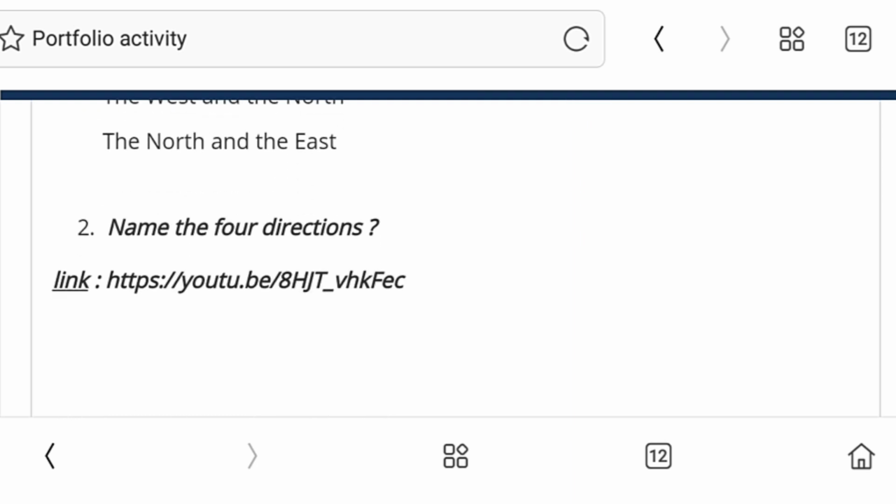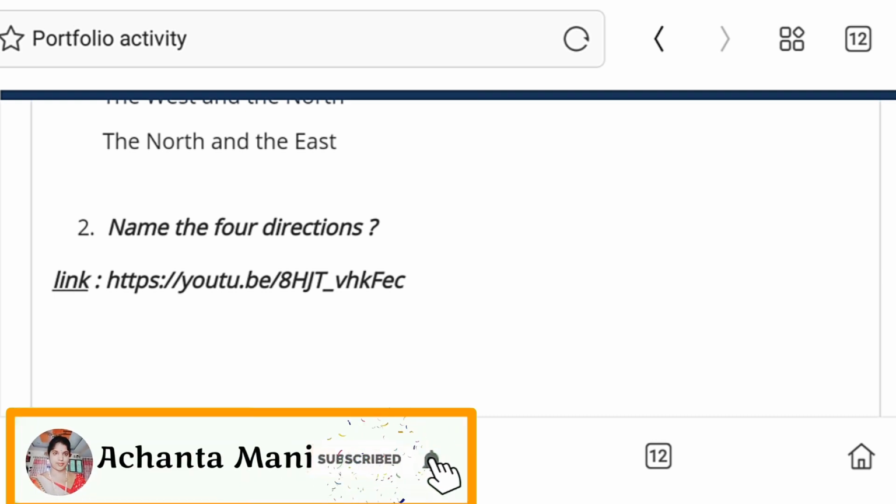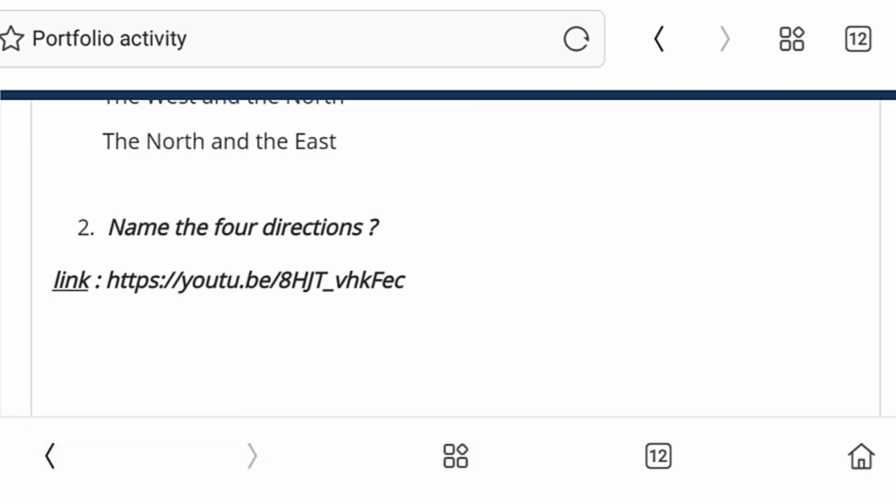Then after that, name the four directions. I have given simple questions for them as they are elementary, third class. That's why I have given small questions to them. By the way, you can test them easily with small questions and their responses.